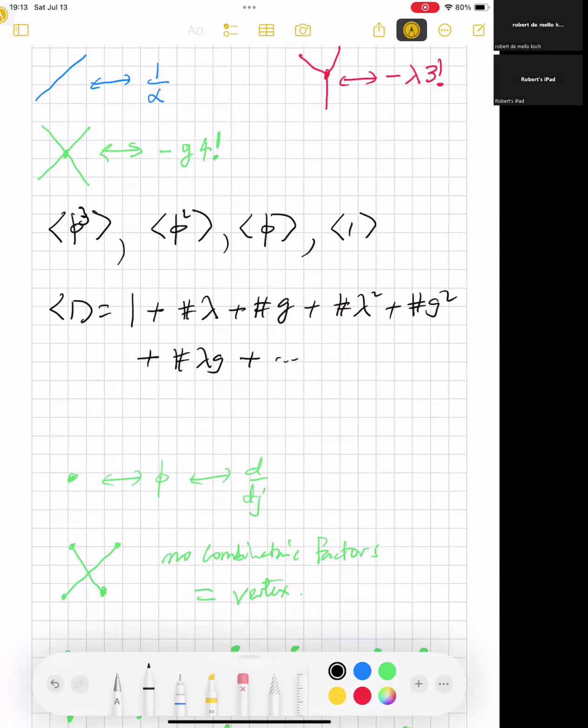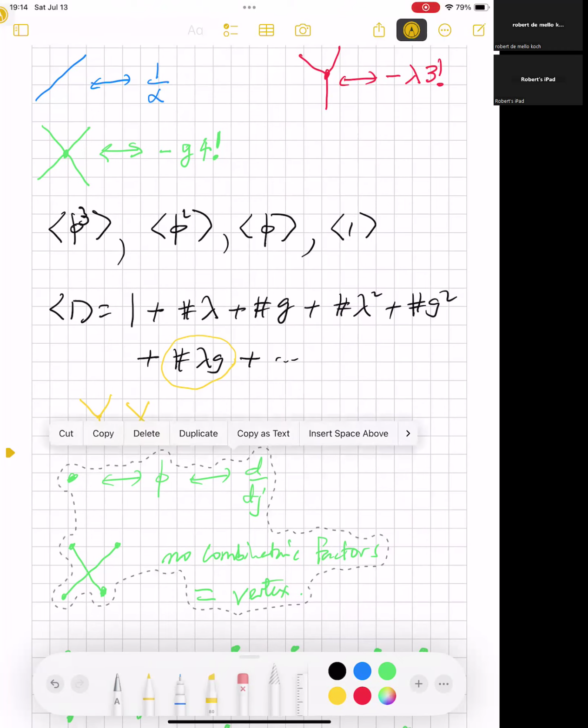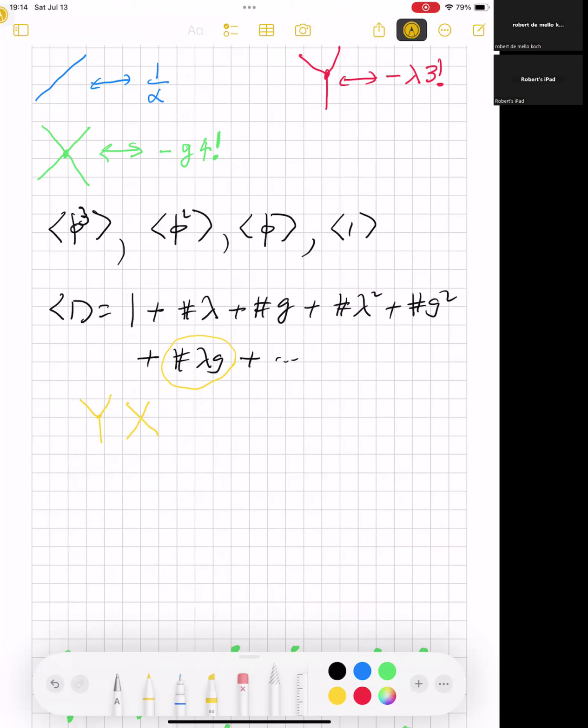using your Feynman rules. So for example, if you were studying, let's say this term, well, there's one lambda, which means you want one cubic vertex, and there's a g, which means you want one four-legged vertex like that, okay? So if we try to combine these, can we combine these in any sensible way? Well, let's check that. If I try to combine these, maybe I could do this.